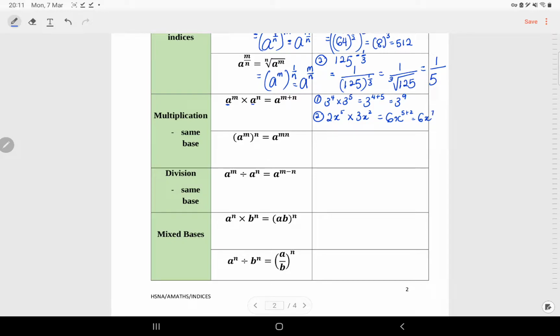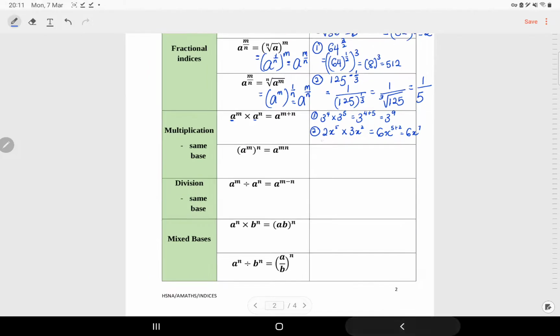So that is 6x to the power 7. For multiplication as well, we also have this law which says a to the power m, the whole thing to the power n. When you see such an expression, what you do is you multiply the powers.